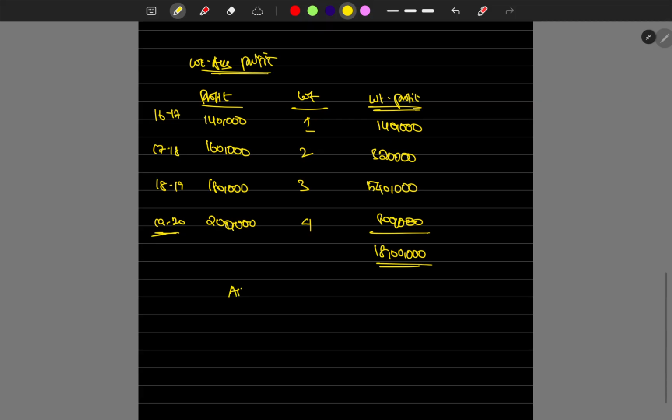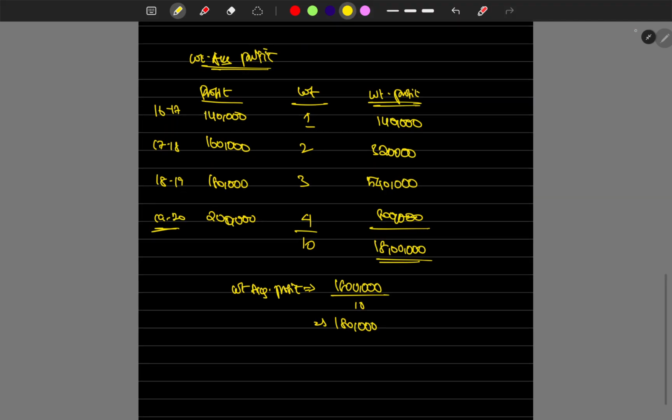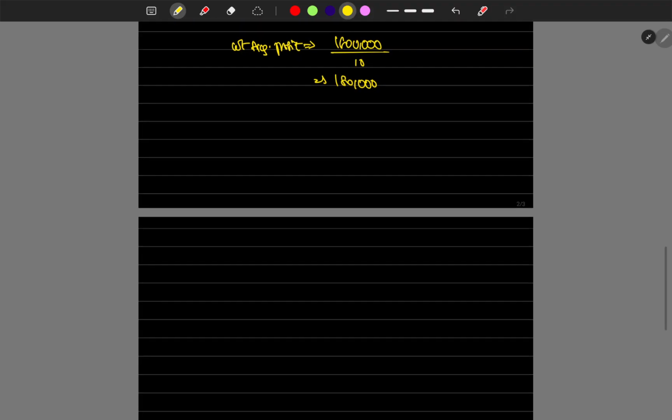Now we have to find out the weighted average profit. 18 lakh is the weighted profit, weight total is 10, so 1,80,000 is the weighted average profit. With that we can find out the goodwill, right?